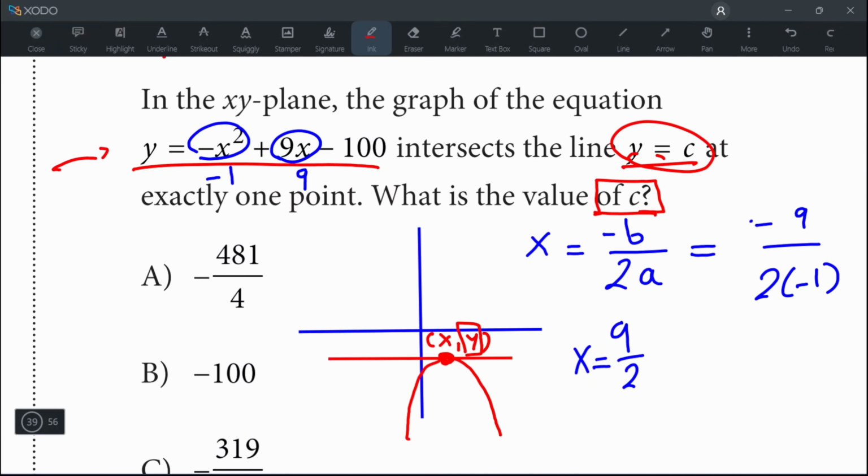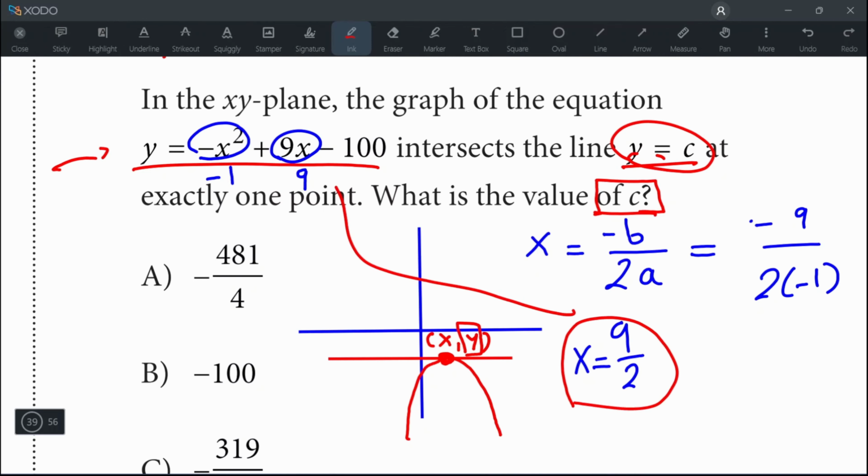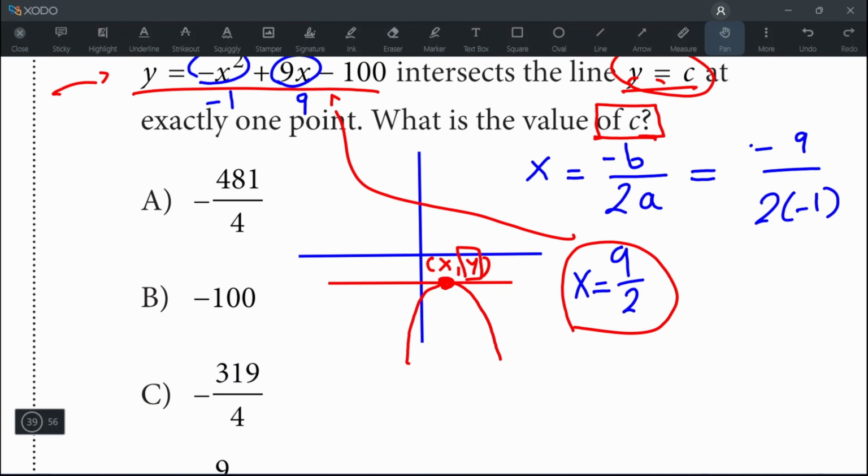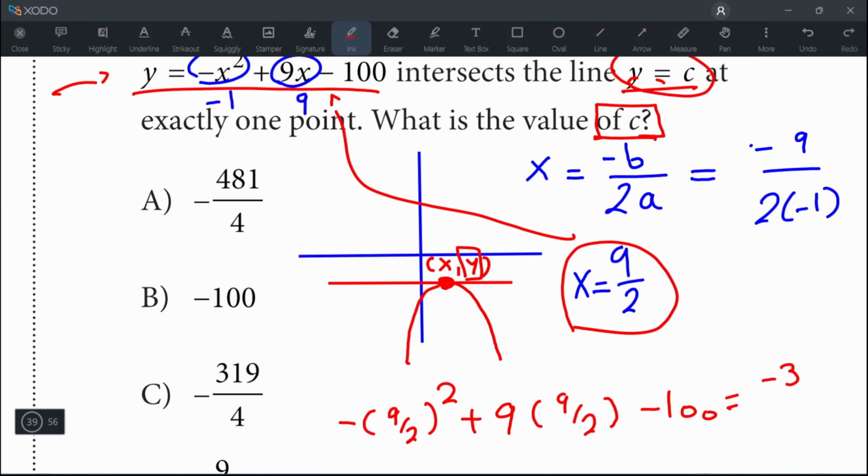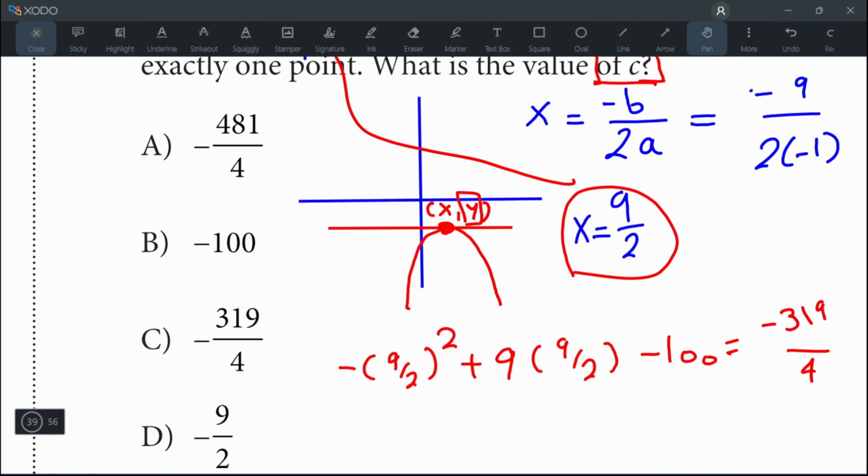So all we can do is plug the value of x into the given function and find y. Plugging in 9 over 2, we'll have negative 9 over 2 to the power of 2 plus 9 multiplied by 9 over 2 minus 100, which is the same as negative 319 over 4. So choice C is the correct answer.